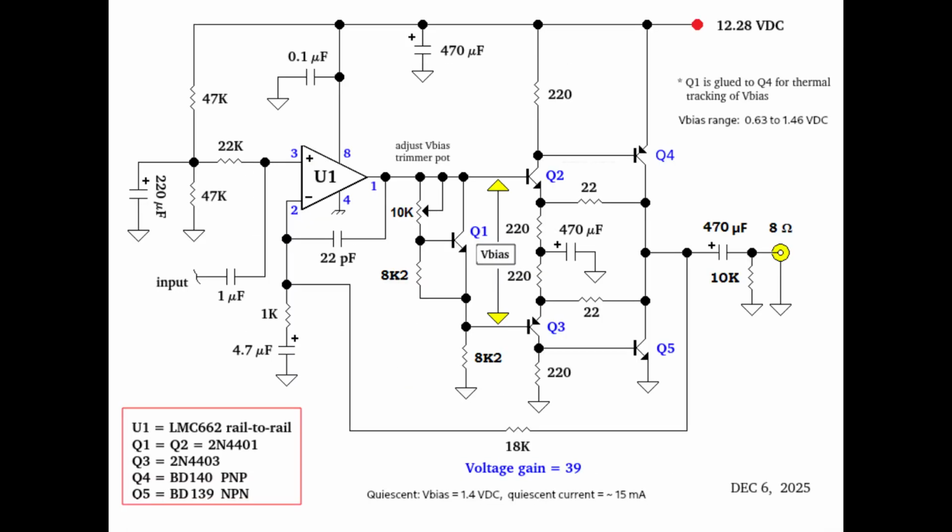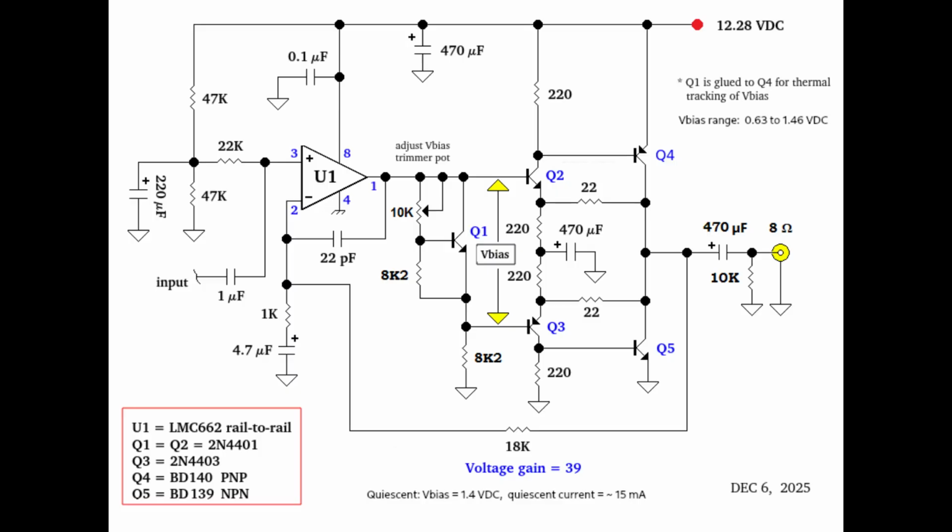Complementary feedback pairs seem really cool, and if you depart from the one-to-one feedback as used in the LM386, you may configure them to give voltage gain. This offers more output swing from the same DC rails. You're viewing an experimental power amp from December 2025.